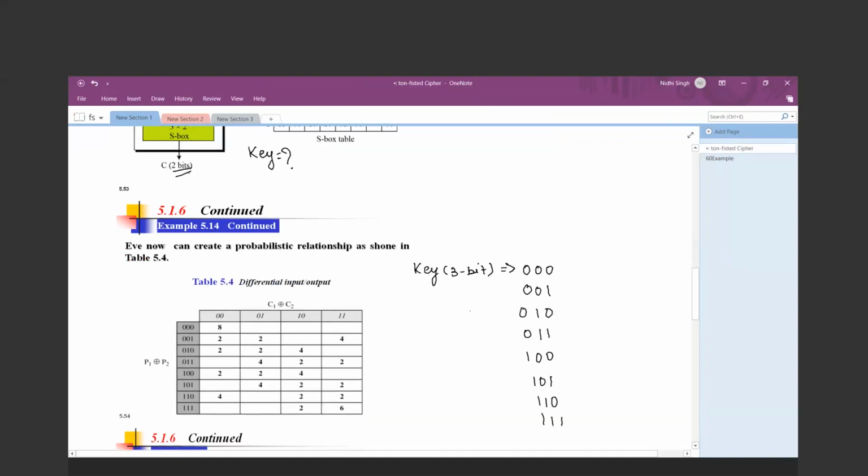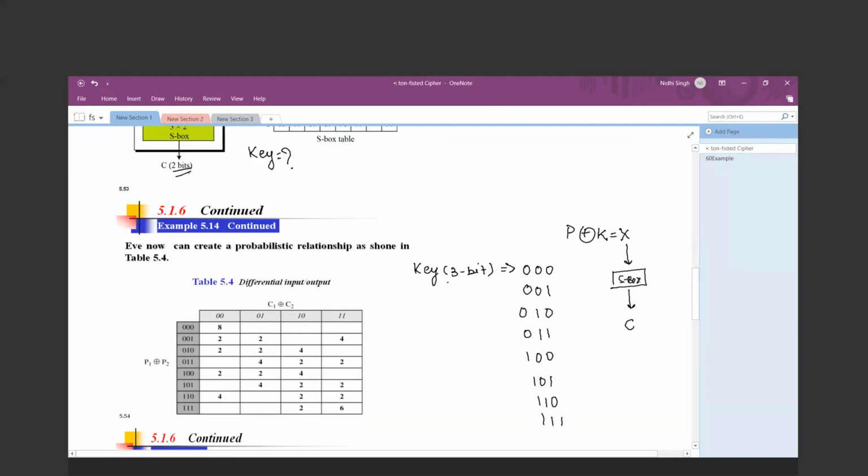So we have to find out that after applying the key over the plain text value P1 or P2, whichever it is, after applying the key, meaning P XOR key, my X is generated and my X will be converted by using the SBox table and my ciphertext will be generated at the end.